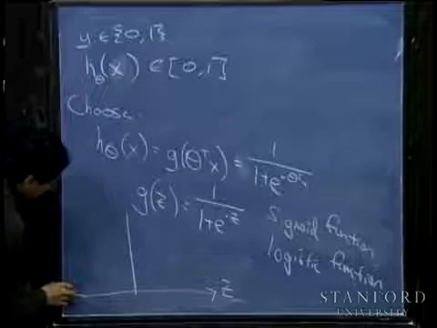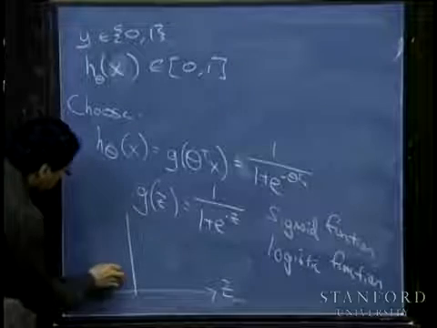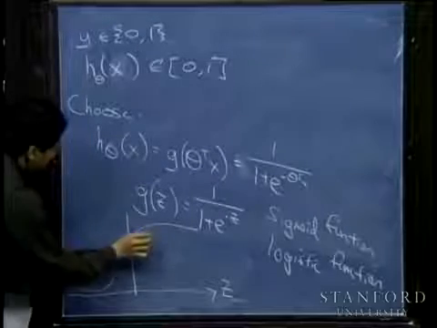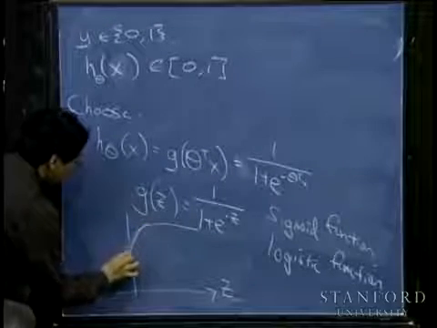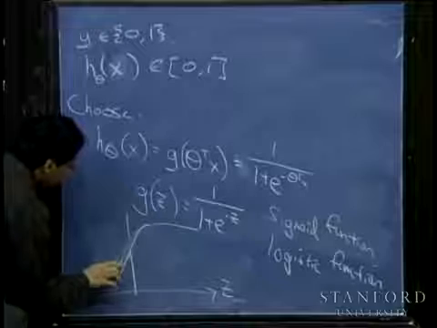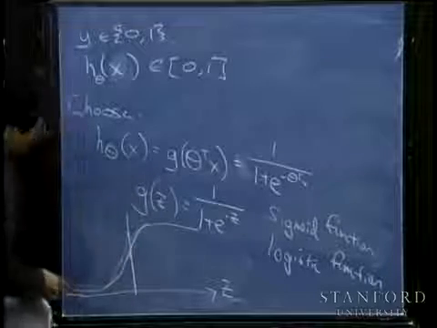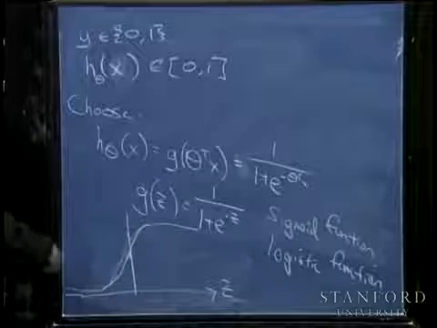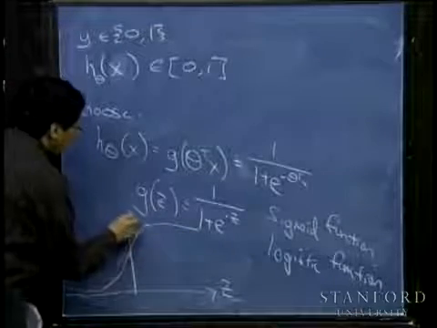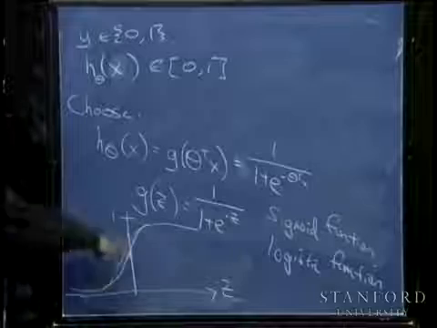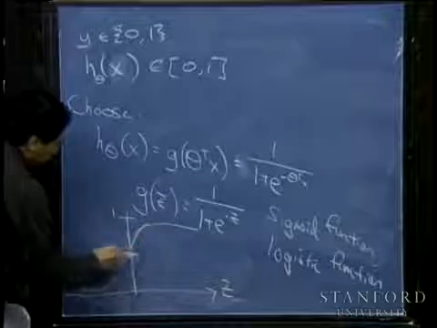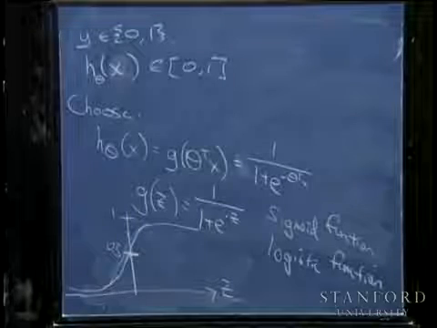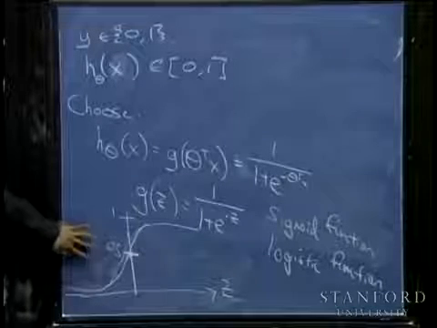And so g of z will look like this. Okay, I didn't draw that very well. So g of z tends towards 0 as z becomes very small, and g of z will asymptote towards 1 as z becomes large, and it crosses the vertical axis at 0.5. So this is what the sigmoid function, also called the logistic function, looks like.